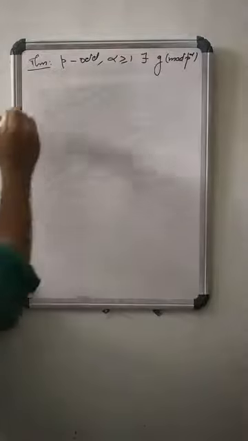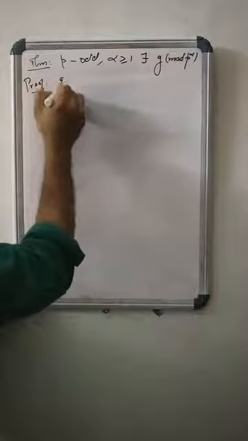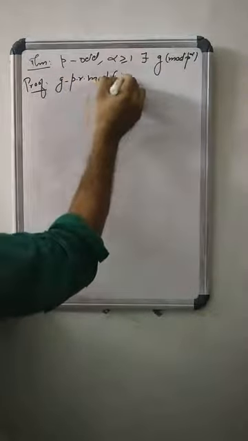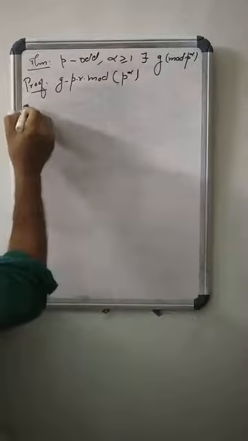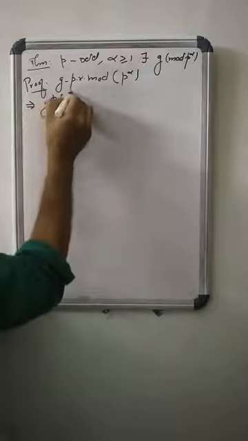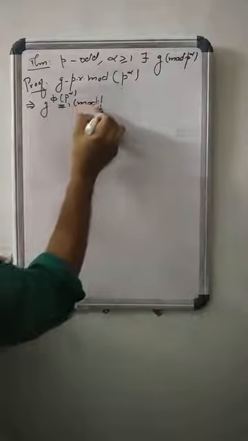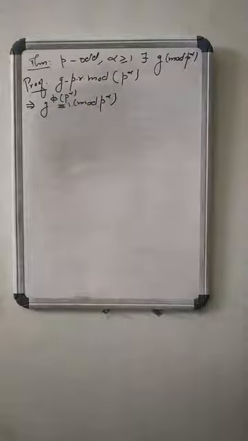How? So the proof: let g be a primitive root mod p^α. That means g^φ(p^α) is congruent to 1 mod p^α. Equation 1.